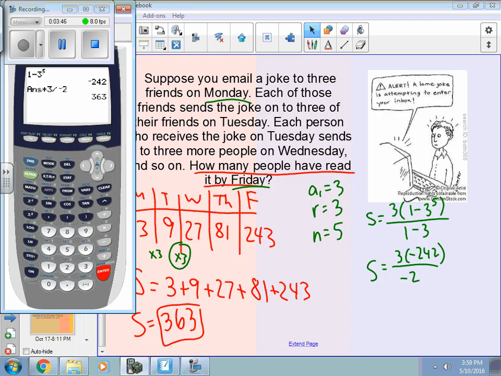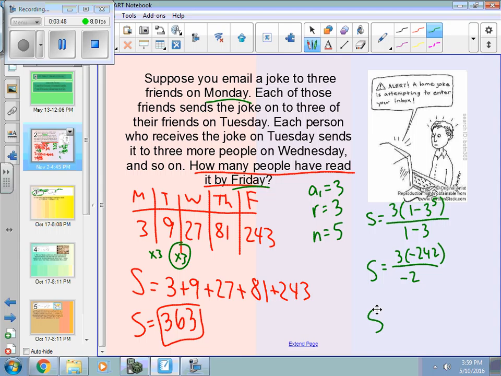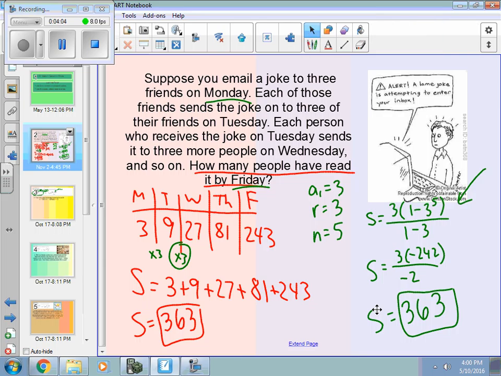Yep, 363. So this is another way that you can get the same answer. And this one would be a lot better, especially if it had said 100 people, because this would be much bigger. These types of situations, like Twitter or something, that's where something goes viral. It expands very rapidly and gets huge.